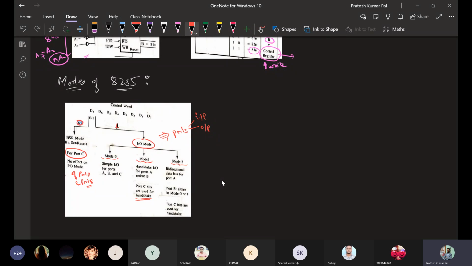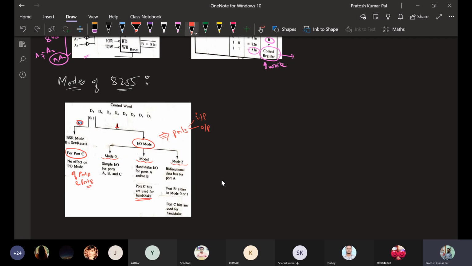Like in the case of DMA, a hold request is sent and a hold acknowledgement is received. This type of pre-communication before the original communication is called handshaking. We are initializing the operation, and whatever signals are sent between the microprocessor and the peripheral device to initialize the peripheral device are called handshaking signals.